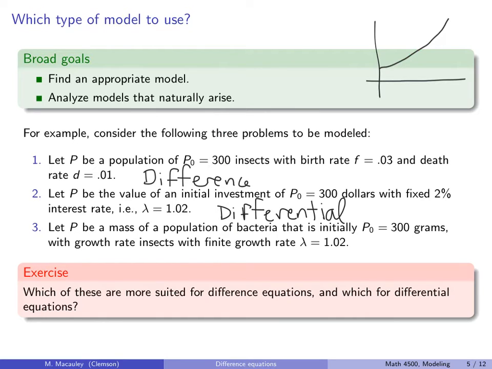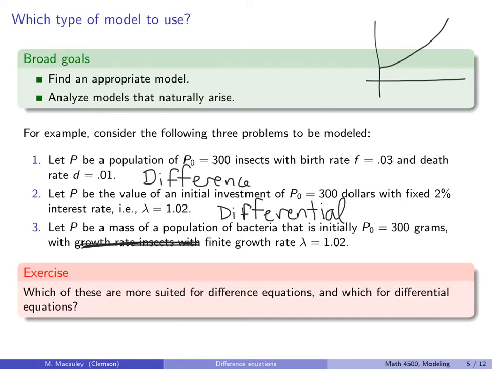Okay, so finally, let P be a mass of a population of bacteria that is initially 300 grams with growth rate, I don't know, that's a typo with growth with insects. I think I copy pasted something wrong. So let's cross that out, with finite growth rate 1.02.